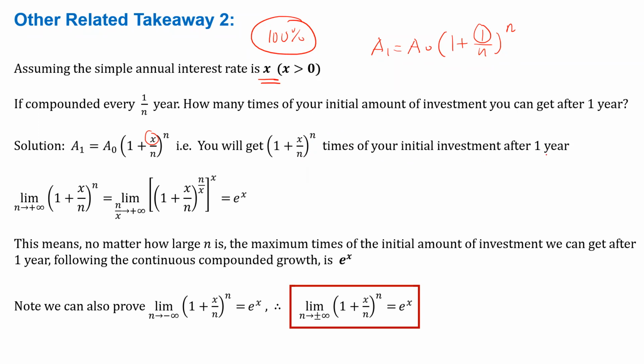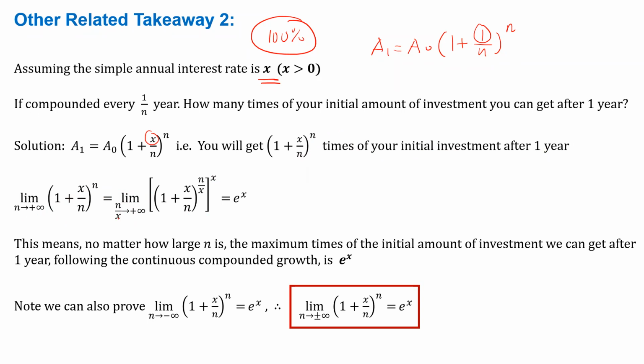That means you will get 1 plus x/n to the power of n times your initial investment after 1 year, right? And we can also prove that the limit of 1 plus x/n to the power of n as n approaches positive infinity is, well, actually you can rewrite the limit to this form. The limit of 1 plus x/n to the power of n over x, then to the power of x, right?